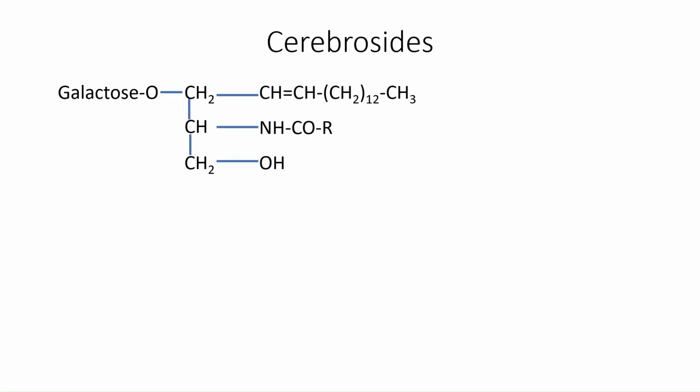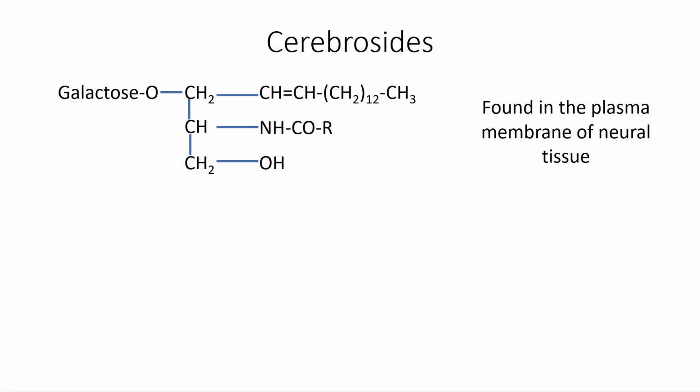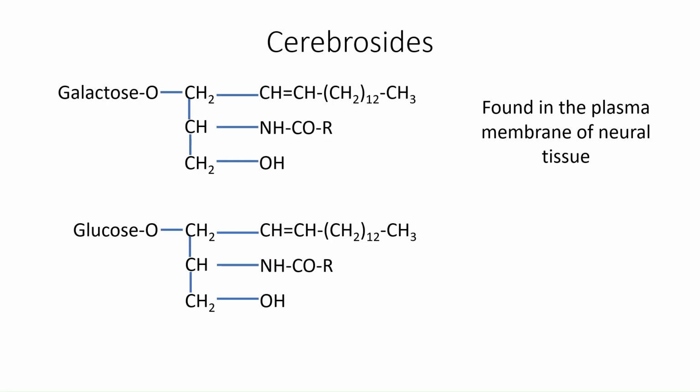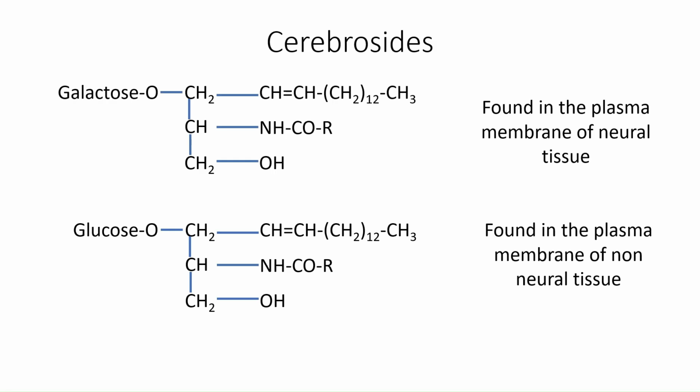When we add sugar molecules to the ceramides, we get cerebrosides. The sugar molecules can be either galactose, and the cerebrosides containing galactose are present in the plasma membranes of neural tissues, or glucose, and cerebrosides containing glucose are generally found in the plasma membrane of non-neural tissues.